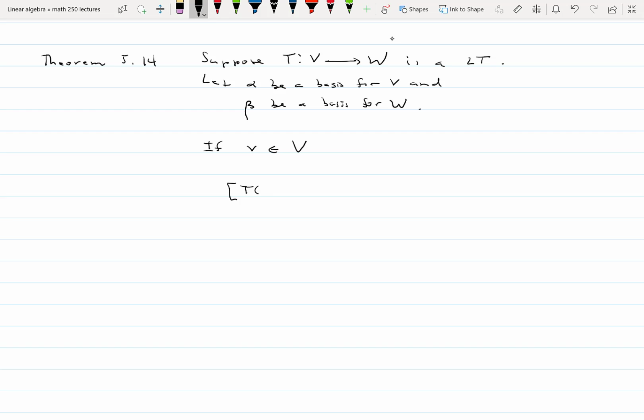However, the coordinates of T of V with respect to the basis beta equal the matrix of T with respect to the bases alpha and beta, not times V, but times the coordinates of V with respect to alpha.